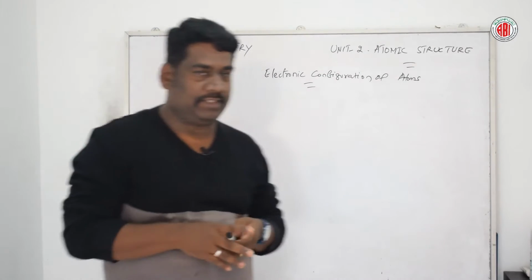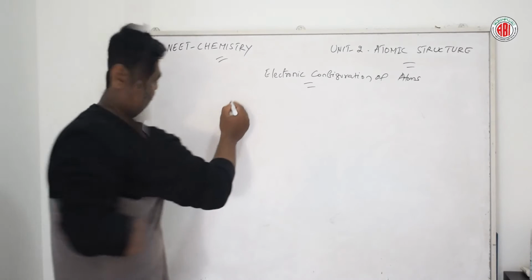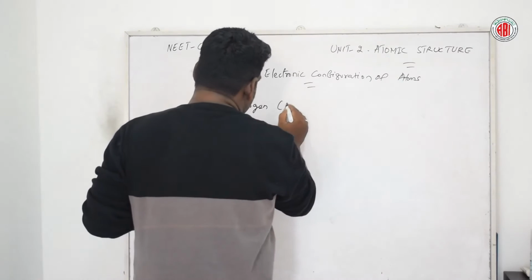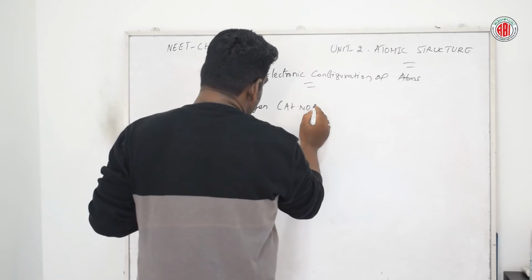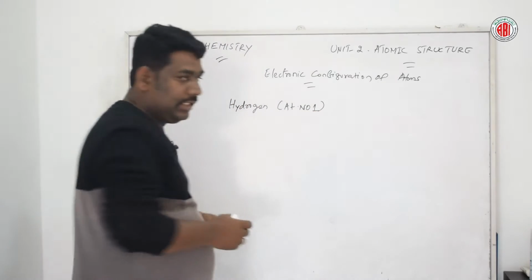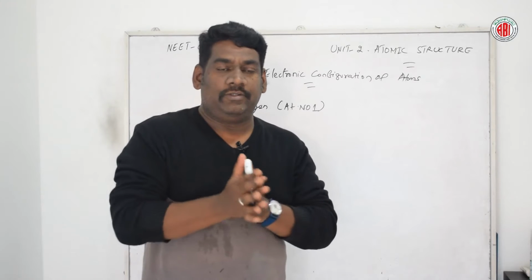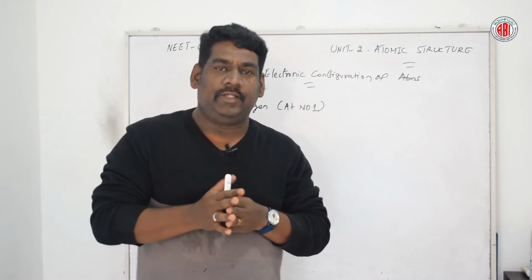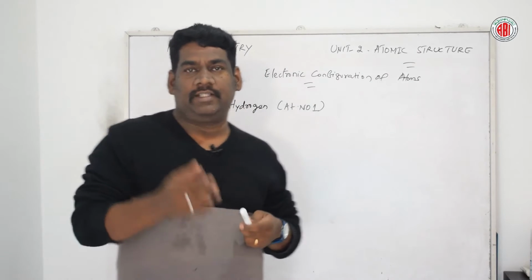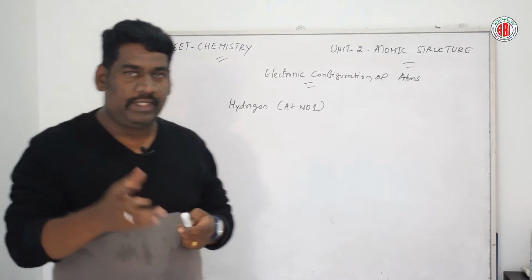Let us look at the electronic configuration of a few atoms. First, hydrogen. The atomic number of hydrogen is 1. Though it has only one electron, it must go into the first orbital, which has the lowest energy.